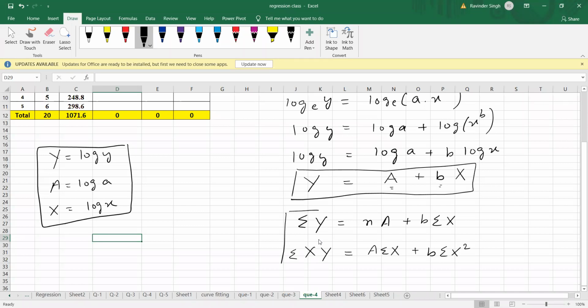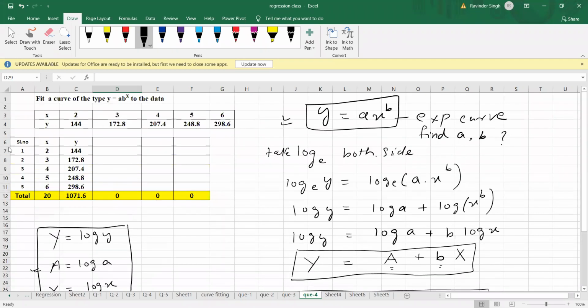So this is the normal equation we have got, and we have to solve this normal equation to get the values of A and B from here. So I need to substitute some set of data. I need capital Y, capital XY, capital X square, and capital X. How do we find these values?